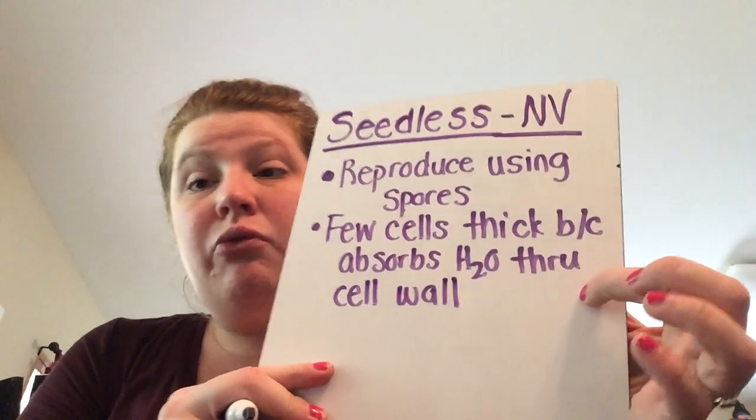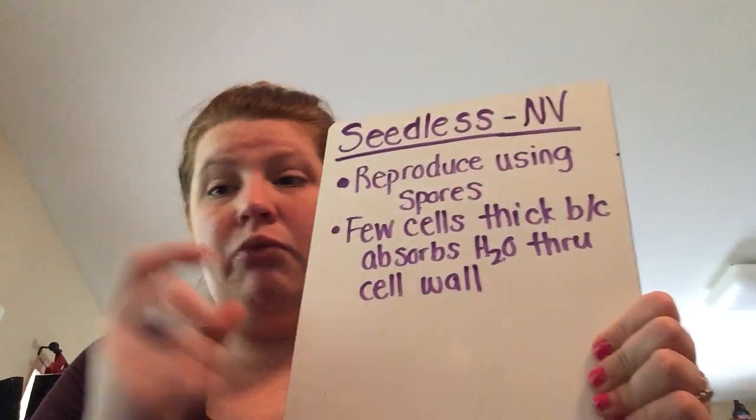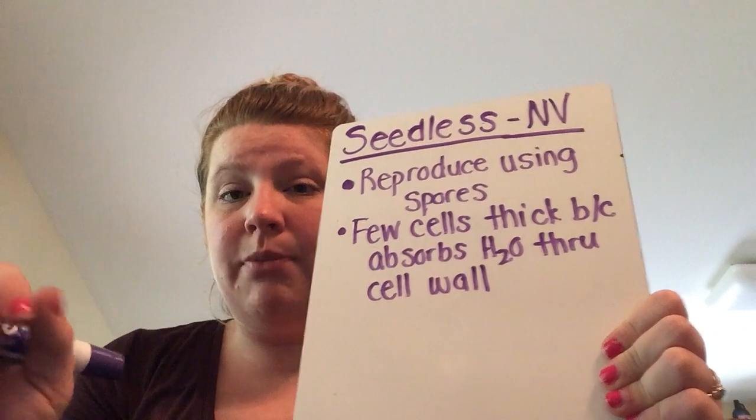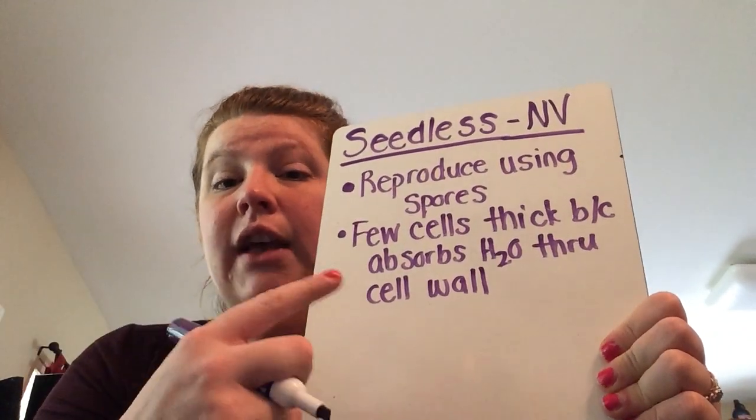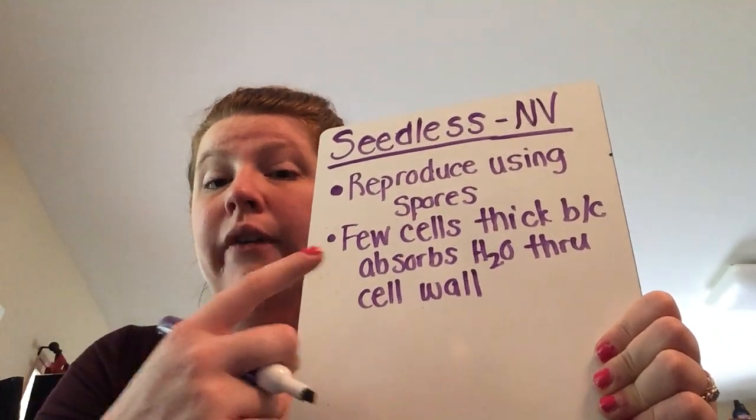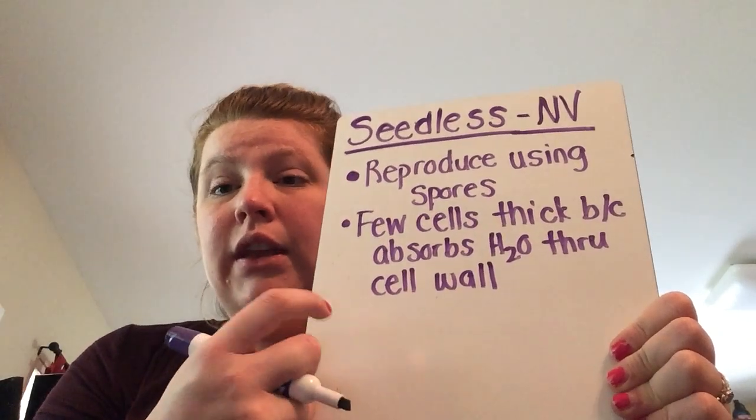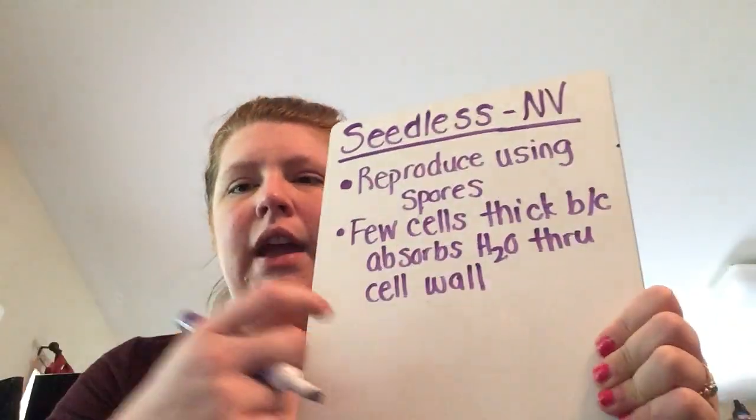I really shortened these so I can write them out quickly and you guys can be with me. BC means because: few cells thick because it absorbs water through the cell wall. Seedless does not have roots, so they have to find an alternative way to get that water in. So it's a very thin plant, actually very little. Often lives in damp environments. That means it's wet, it doesn't even have to be soaking.